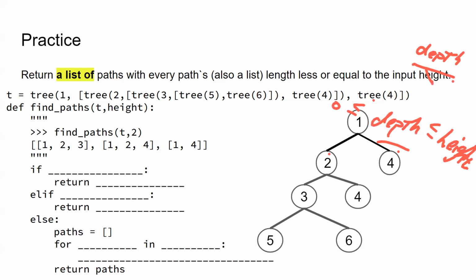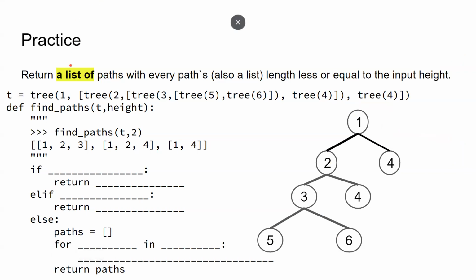So suppose for this example I have a tree and I take the depth 2. I want to find all the paths that I can travel through spending less than or equal to 2 depths. So suppose I start with 1, and I want to check depth equals 2.